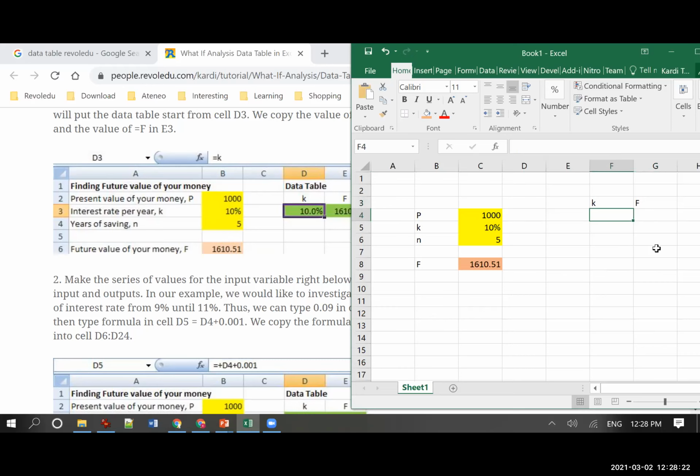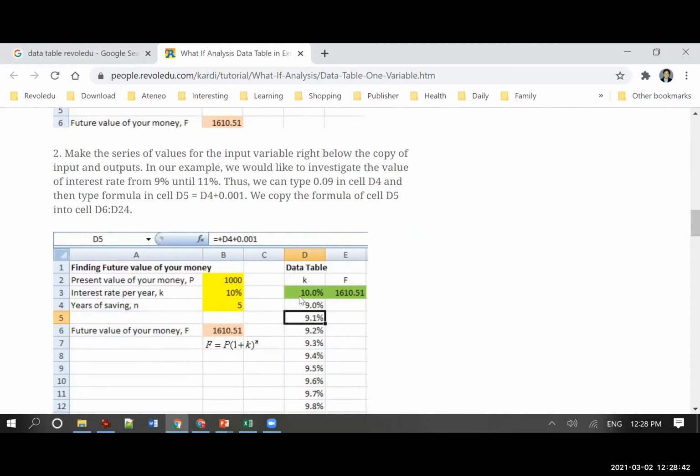So then K is this K, and F is this F. Okay. So this is my data table. So I'll put here data table. Can you follow? Oh, wait. Okay.